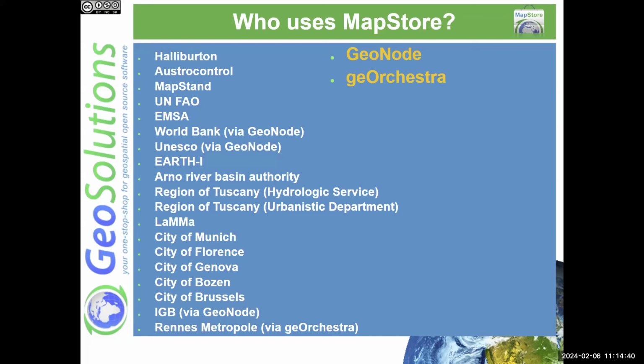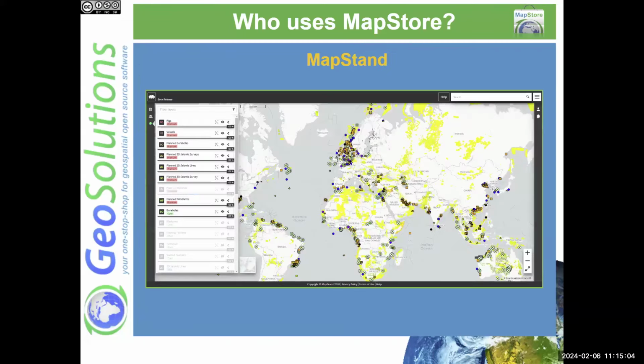In particular, they use it both as a product and as a framework, and in some cases like GeoNode or GeoOrchestra, there is an integration of MapStore in a different environment. So it's an integrated user interface in a wider system. MapStore is really flexible to adapt to different use cases.